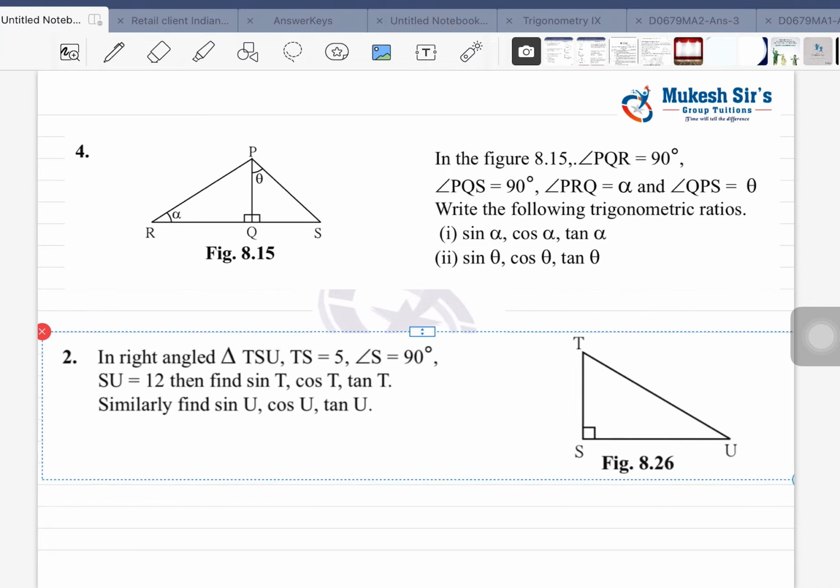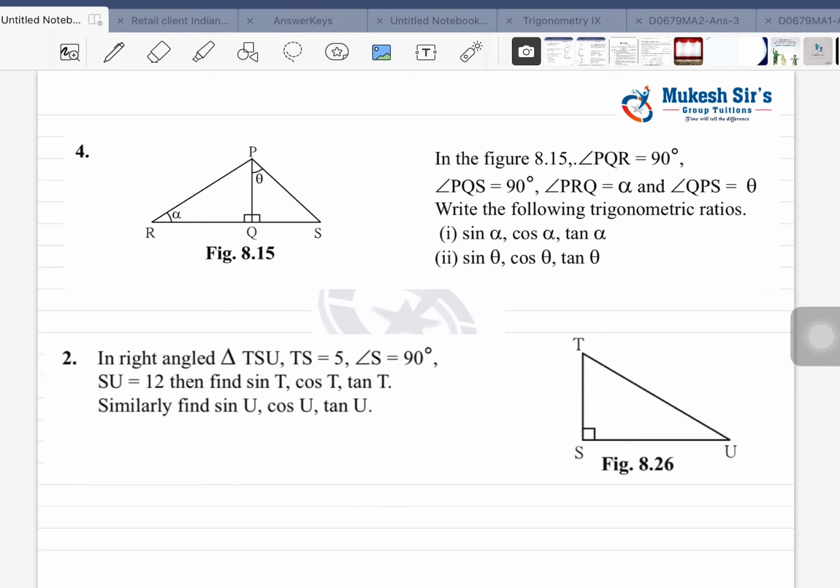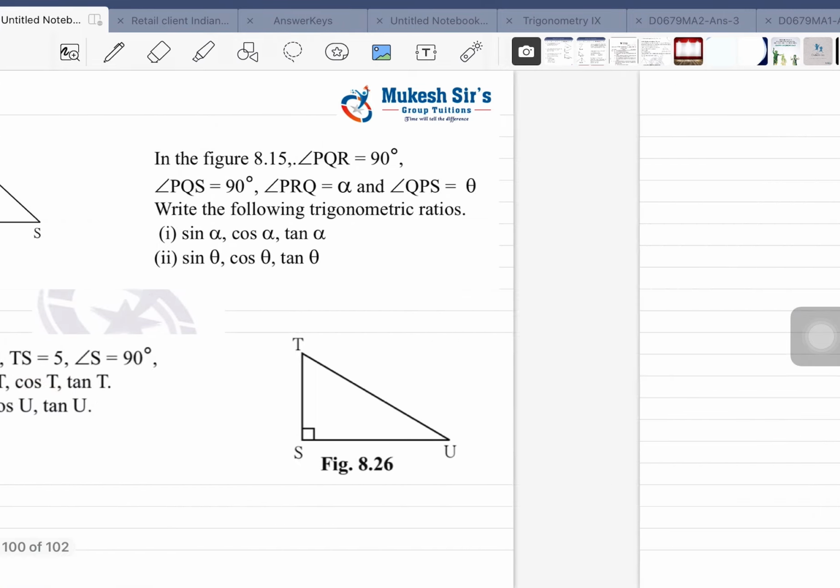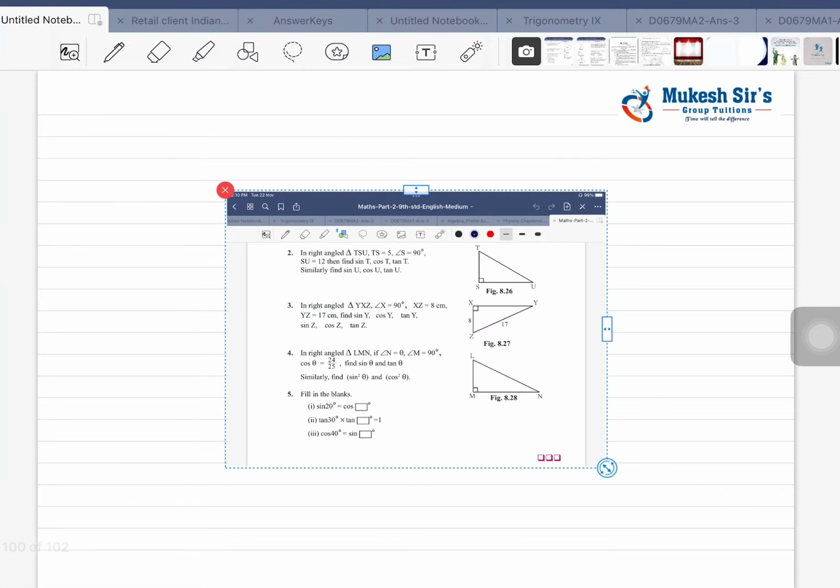So in this triangle, they are given two sides. You can find the values there. And there are two more questions.